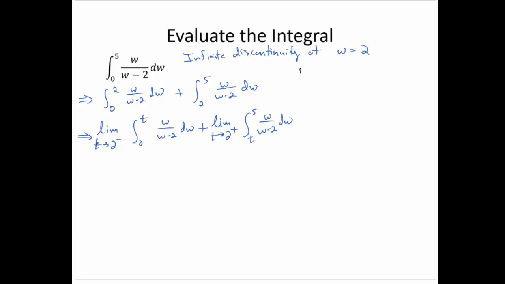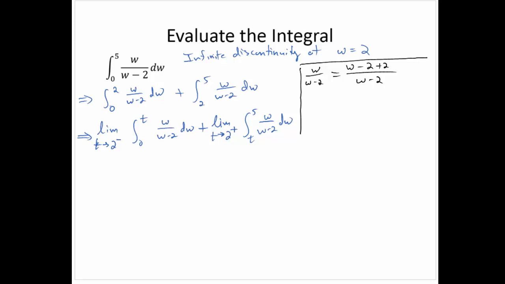Now let me do a little bit of side work here. Notice that w over w minus 2 can be written as, now that numerator is w minus 2 plus 2, over w minus 2, isn't it? And that's sort of a nasty way of looking at it, a nasty math trick.